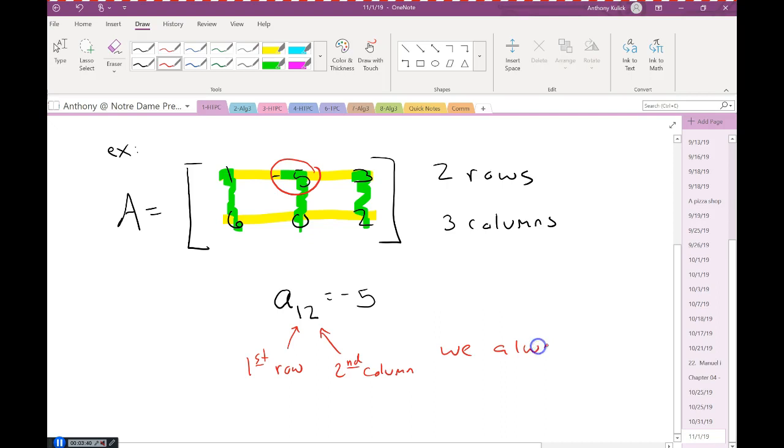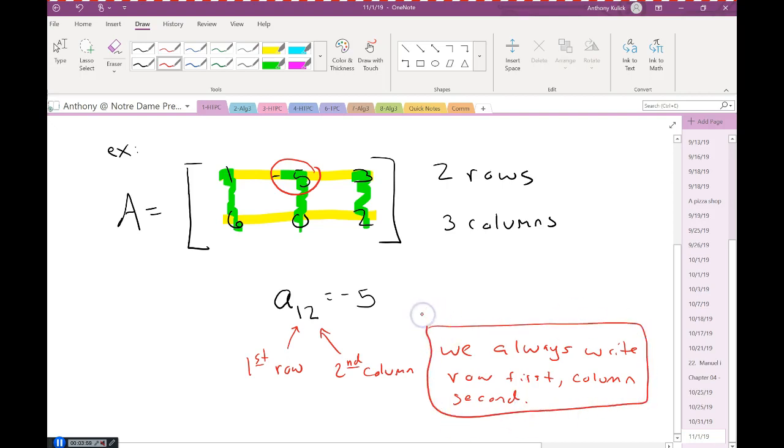And worth stating here, we always write the row first and the column second. Okay. And that should be easy to remember.